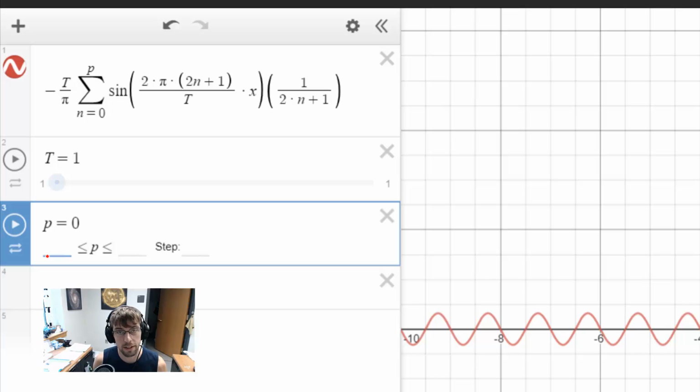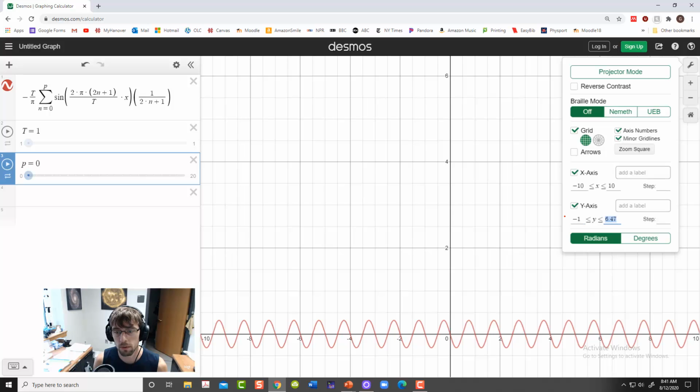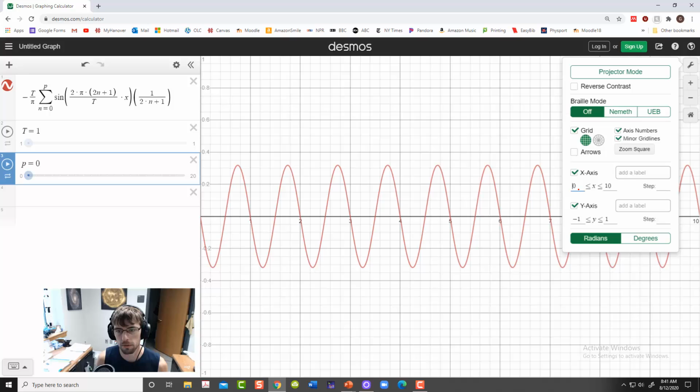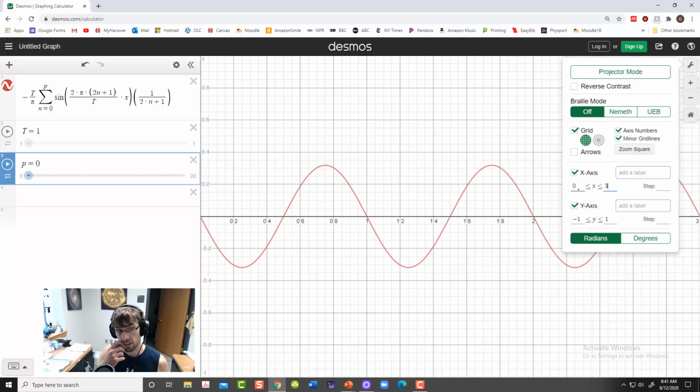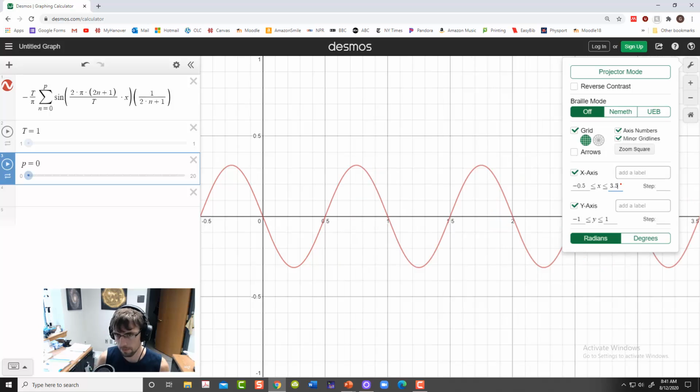And the second thing is, I will include p going from 0 to, I don't know, 20 in a step size of 1. Initially, there's not much particularly interesting here. I'll go negative 1 to 1 to scale it up for us. And why don't we go from 0 to 3? It'll give us 3 full cycles. There, I'll get 4 in.